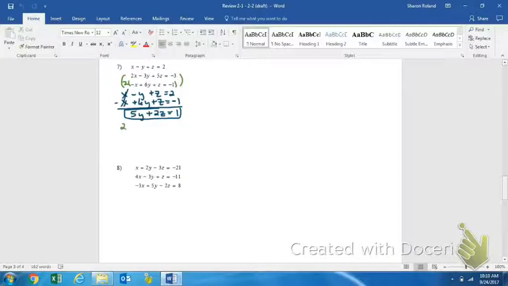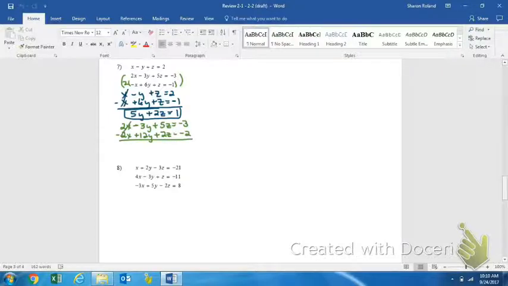So I'm going to write the first one down. So you have 2x minus 3y plus 5z equals negative 3. And then I'm multiplying the 2 times the third equation. So that's negative 2x plus 12y plus 2z equals negative 2.